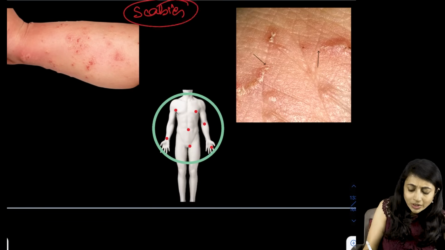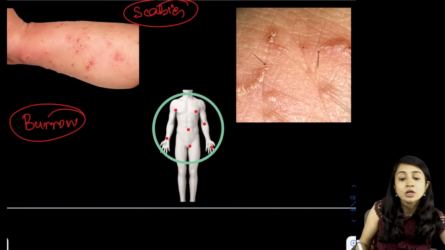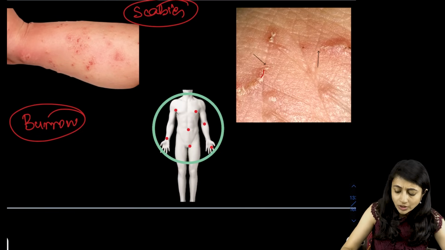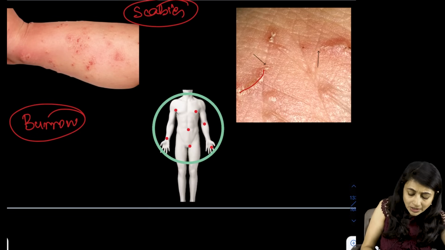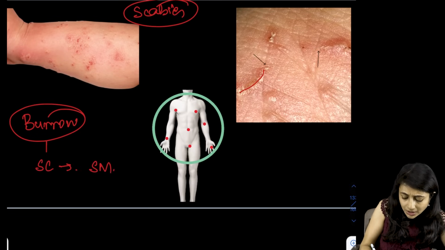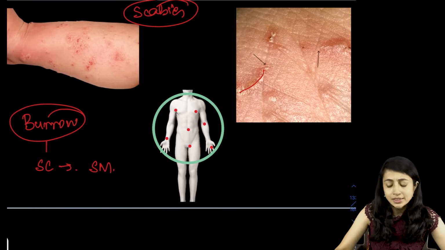The question that is asked is, what is burrow? Burrow is the special lesion which is seen in scabies. What is a burrow? It is a tract which is laid down by the female mite where it lays eggs. Where is burrow present? It is present in the stratum corneum. However, it can extend up to stratum malpighii. Then, what are the classical sites affected?